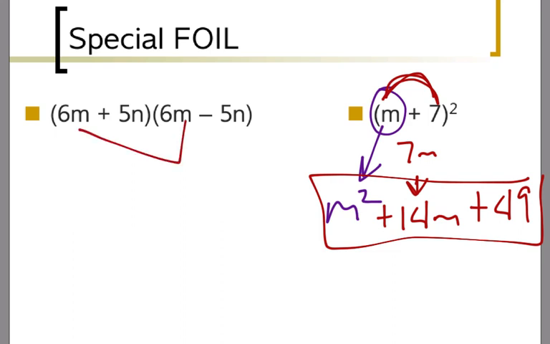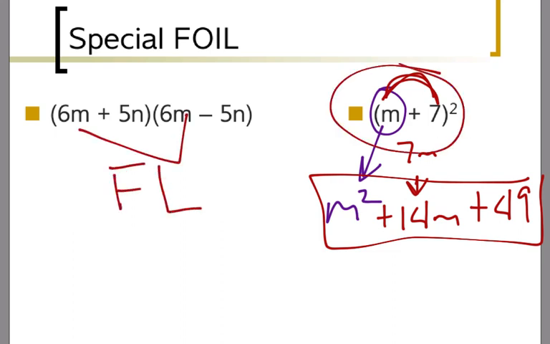So again, conjugates, you do F and L. The second one, hopefully you listened to my steps there, which was you take your first number and square it. You take your two numbers and times them. Well, what's a faster way to write that?